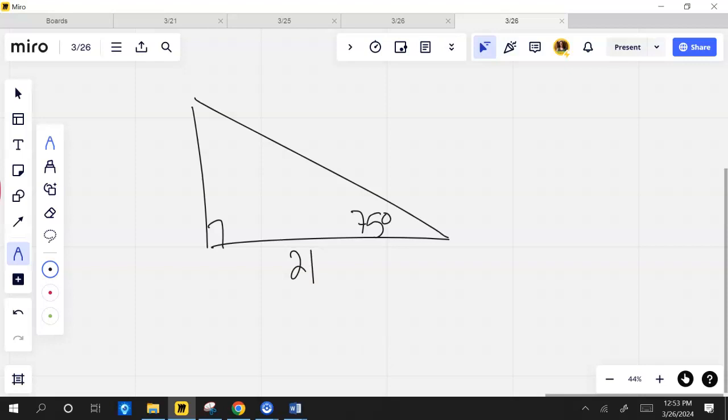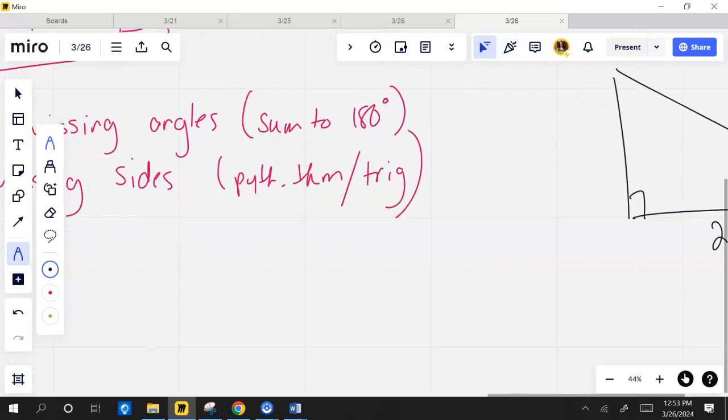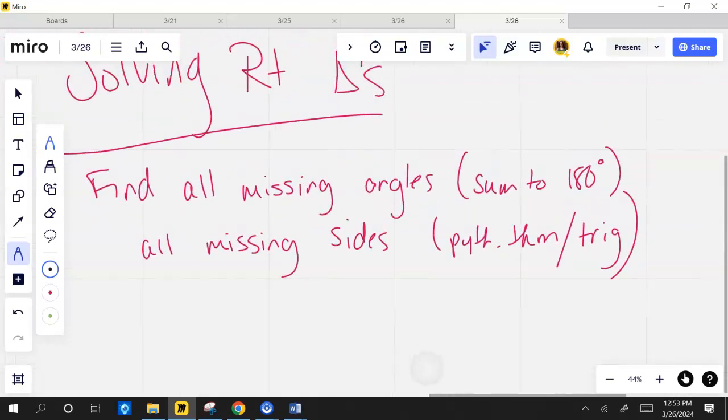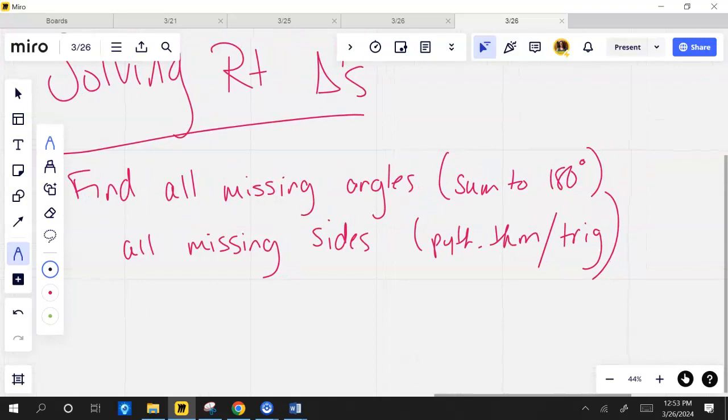Solve the triangle. That's all it's going to say. Pythagorean theorem or trig.